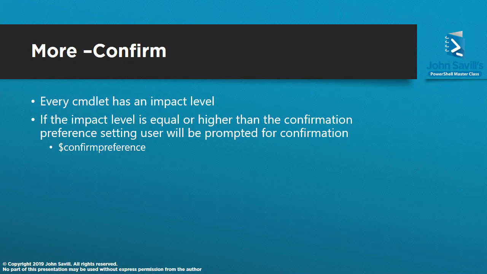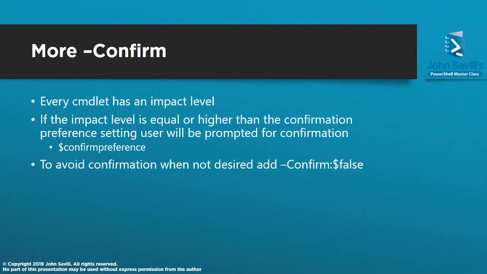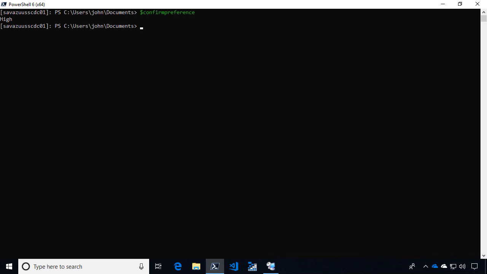So I have this ConfirmPreference. If I go and look at ConfirmPreference, mine is set to High. So only if it is a high impact is it going to ask me to confirm. And I can always override that by adding -Confirm:$false. So let's take a look. Let's start Notepad.